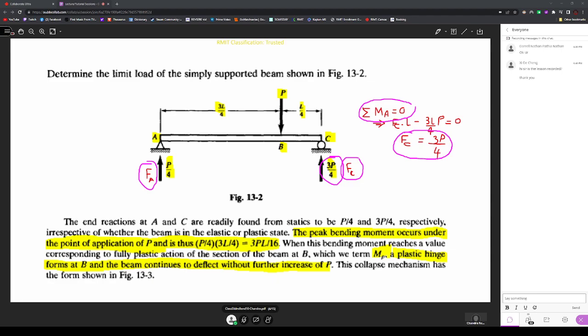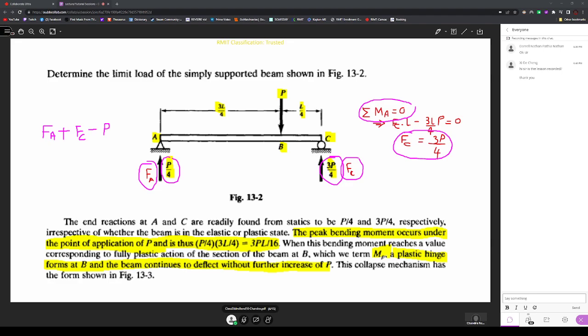And as a rule, the sum of the forces must be 0. So when you apply the sum of the forces as 0, then we can write the force at A plus force at C, and if you consider upward forces as positive, then minus P is equal to 0.